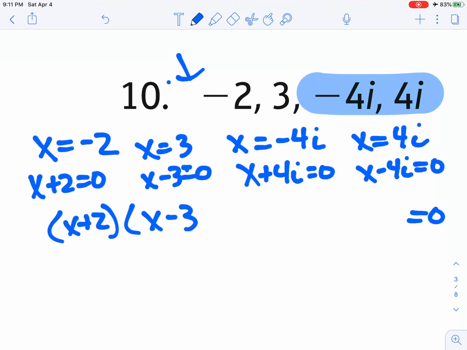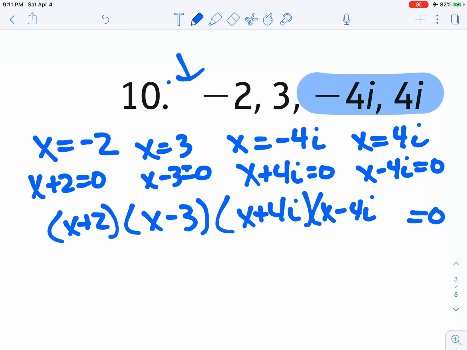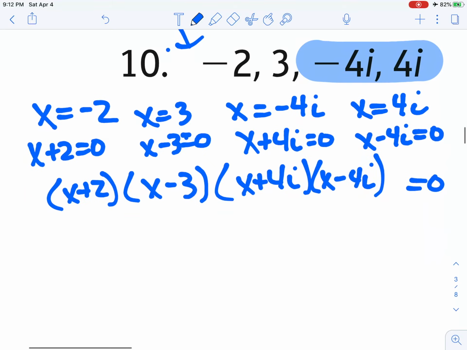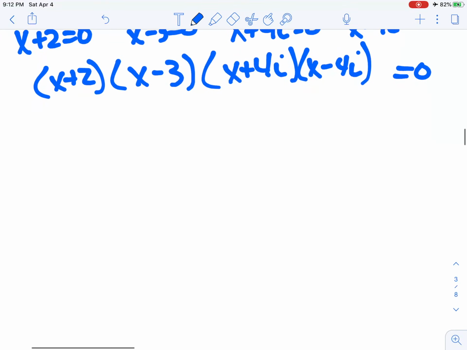So I have x plus 2, x minus 3, x plus 4i, and x minus 4i. Now just think about it. If I started with this step here, and I said to find the zeros, wouldn't you do these steps up here? So we're just going backwards. That's all we've done. Now it wants you to multiply it out.